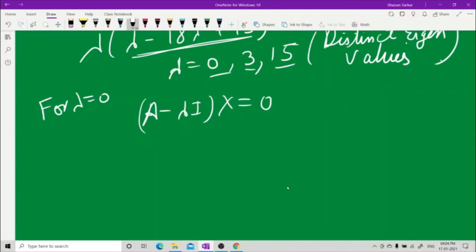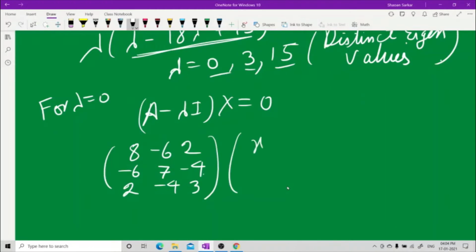A is your 8, minus 6, 2; minus 6, 7, minus 4; 2, minus 4, 3. So you take x1, x2, x3 and then you have 0, 0, 0.